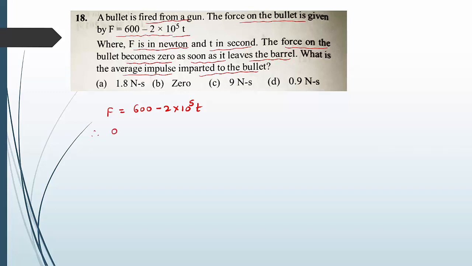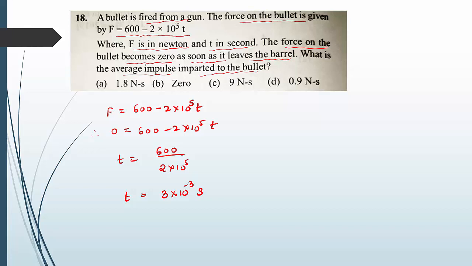Therefore, we can write 0 equal to 600 minus 2 into 10 raised to 5 into T, or T equal to 600 divided by 2 into 10 raised to 5. Calculate this value, we will get T equal to 3 into 10 raised to minus 3 second. This is the value of time here.